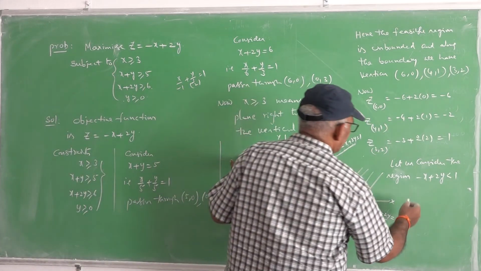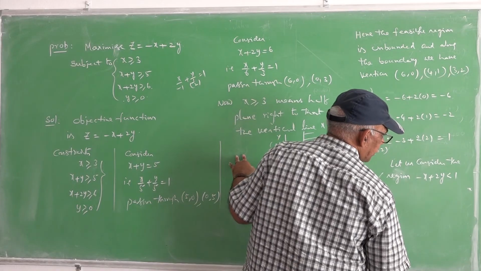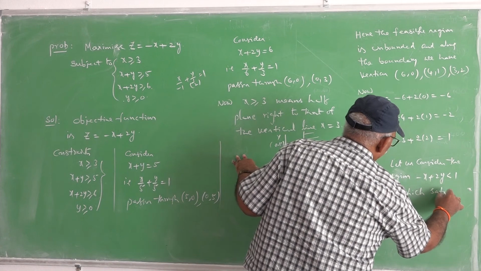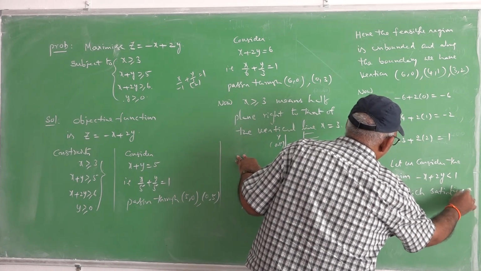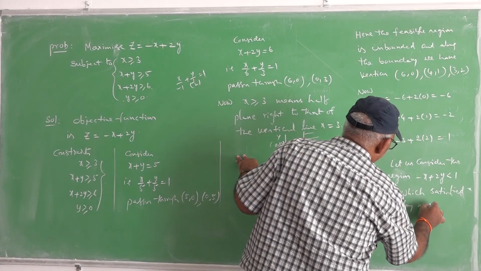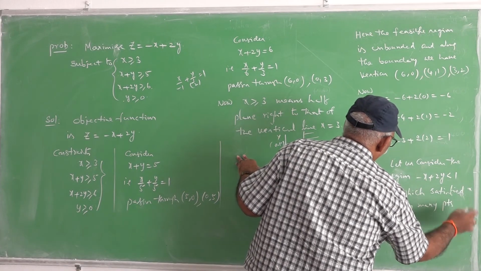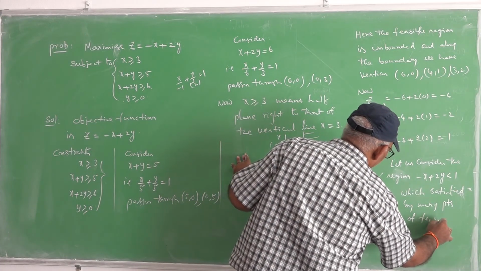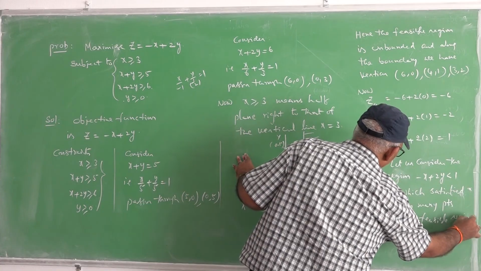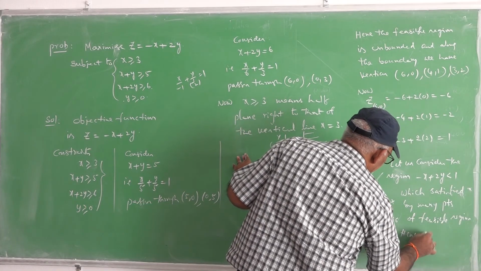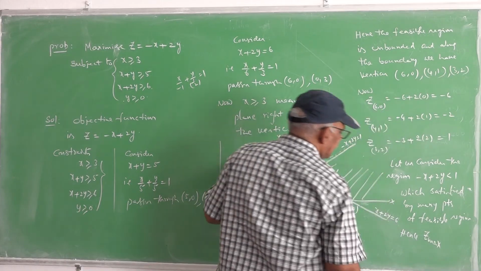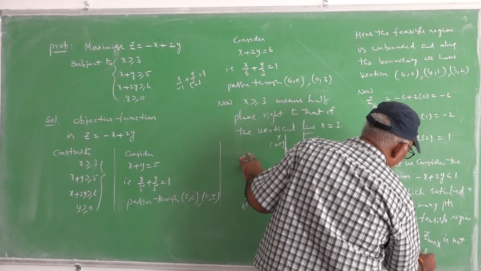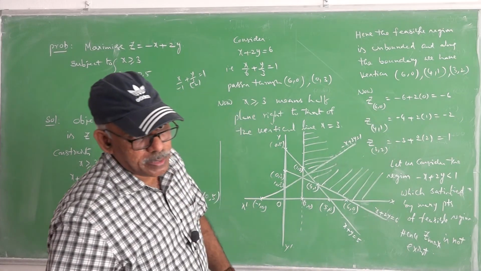So therefore, let us consider the region minus x plus 2y less than 1, which is satisfied by infinite many points of the feasible region. Hence, z maximum does not exist. Minimum exists.